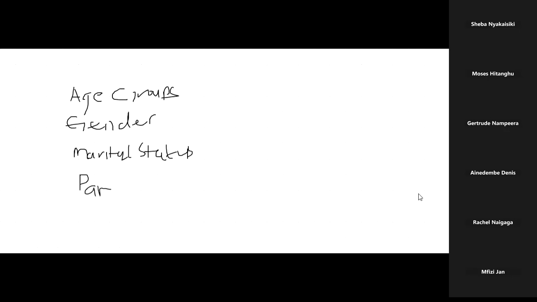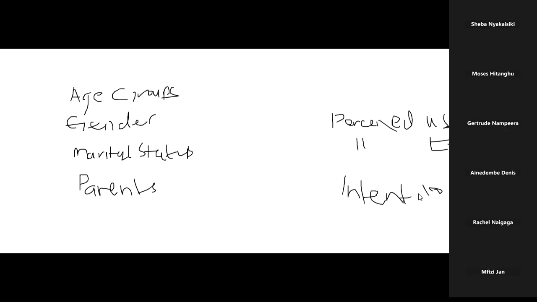So if these are the different groups I have, and for each I'm testing perceived usefulness, perceived ease of use, and maybe intent to use, the relationship between each of these different groups.